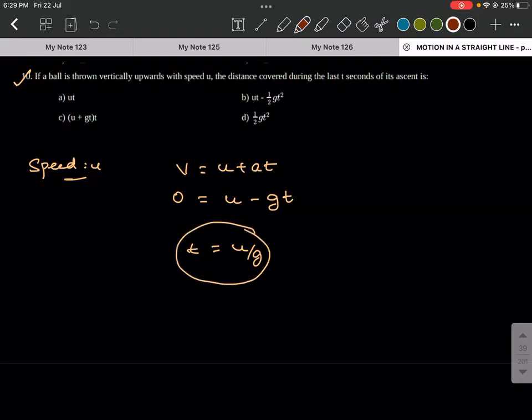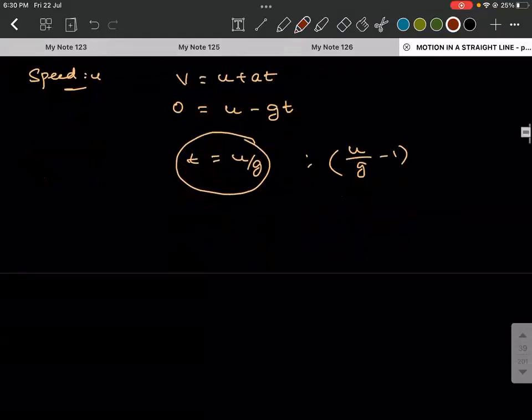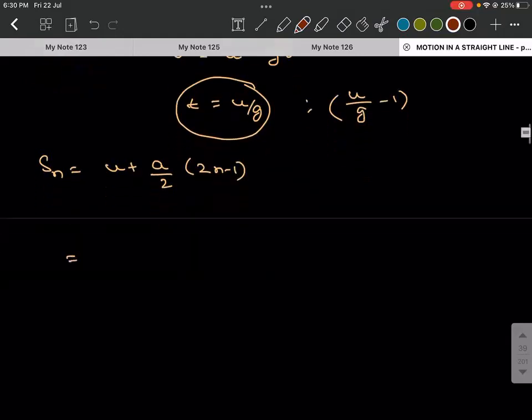So they're asking what is the distance traveled by the object between the time u by g and u by g minus 1. So Sn is equal to u plus a by 2 into 2n minus 1. So u is u only minus g by 2 into 2 into n, which is u by g minus 1.